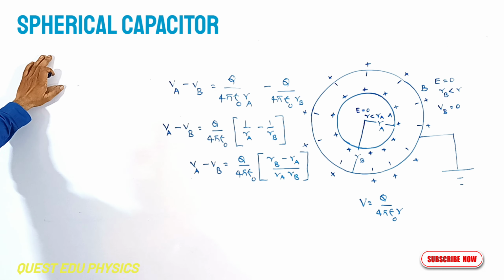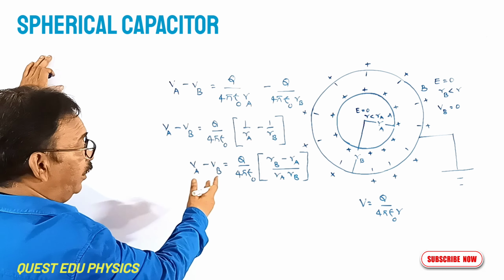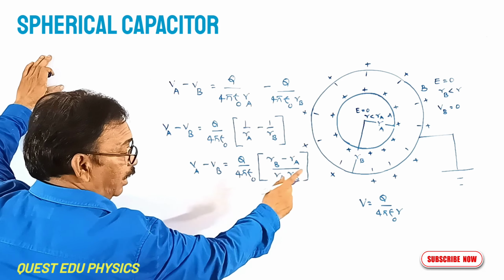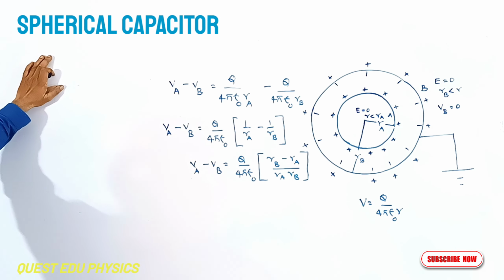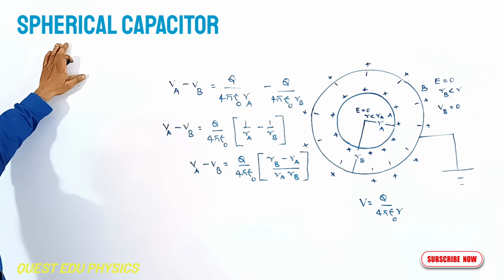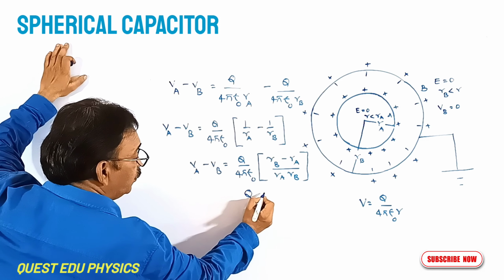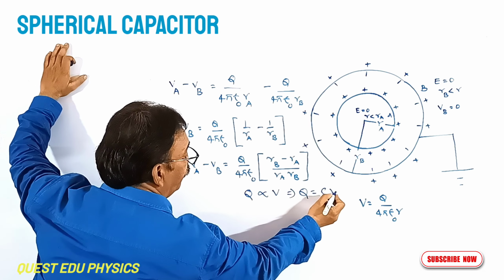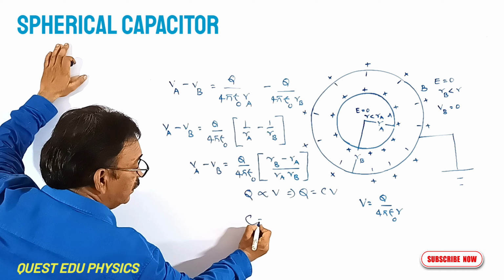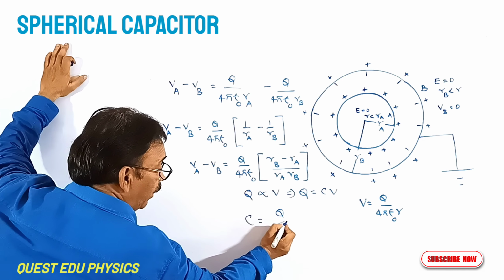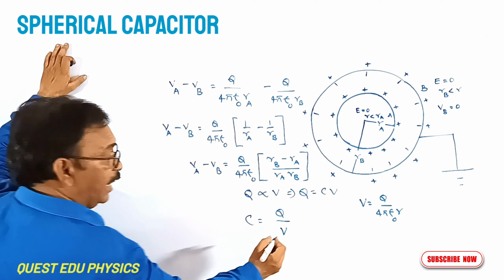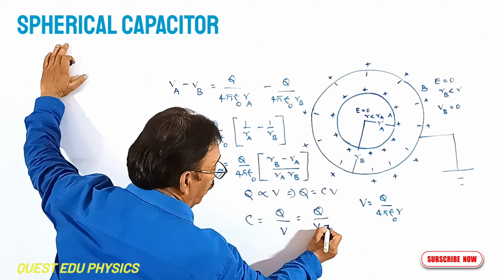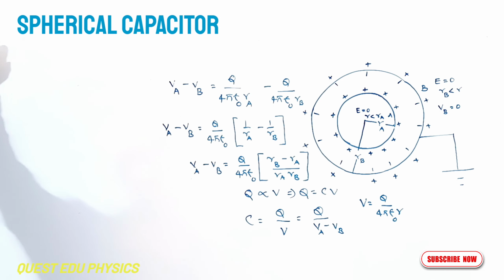As you know that VA minus VB is equal to Q by 4 pi epsilon naught into RB minus RA by RA RB. And we learned that according to the principle of capacitors, Q is proportional to V, or it can be written as Q is equal to CV. We need to find out the capacity, that is C is equal to Q by V, and it can be written as Q by VA minus VB.